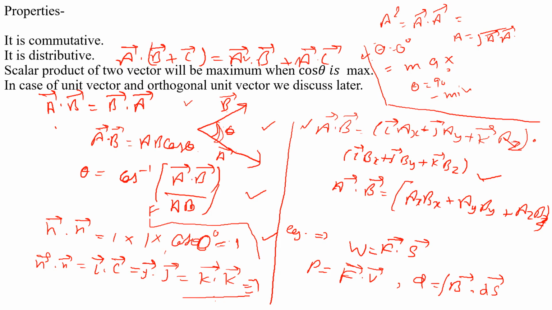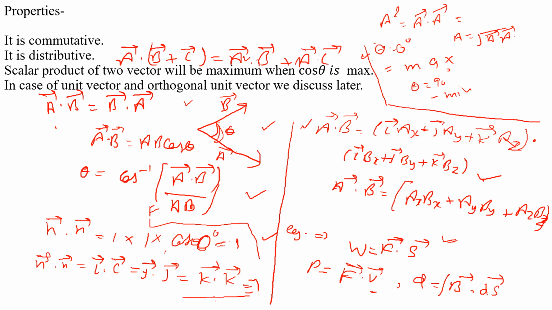We can also give some examples. Firstly, work W is equal to F vector dot S vector. Second, power is equal to F vector dot v vector. Third, magnetic flux is equal to the integration of B vector dot dS vector.